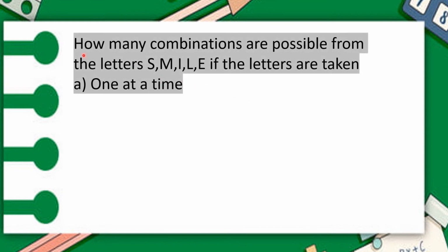Let's try to solve this problem. How many combinations are possible from the letters S, M, I, L, E if the letters are taken one at a time? So, since we have here 5 letters and we need to take one at a time, it means we're going to solve for, of course, the combination using this formula n factorial over r factorial times n minus r factorial.